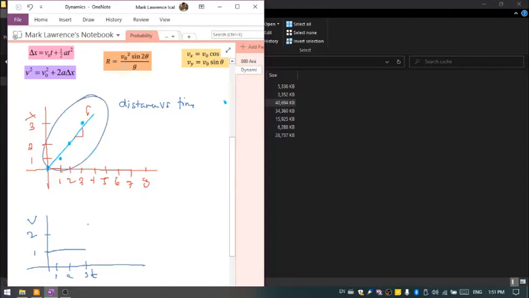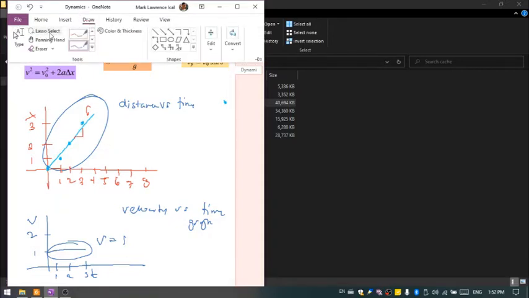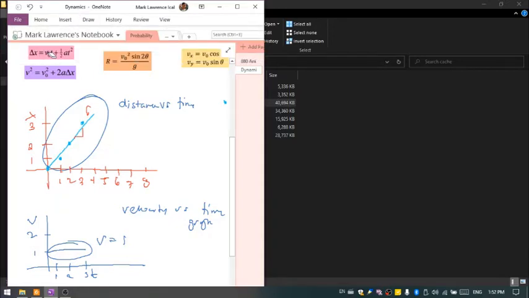From this, we now have a straight line here because our velocity is constant. It did not change. So this is the velocity versus time graph.